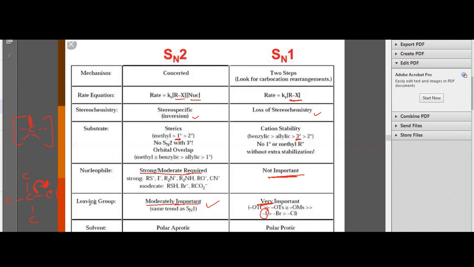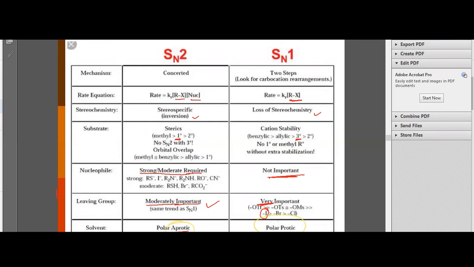Let's see, the solvent for SN2 is polar aprotic, while SN1 is polar protic. Polar means there is an electronegativity difference. Protic means it can release a proton, such as acid or water. So polar protic.